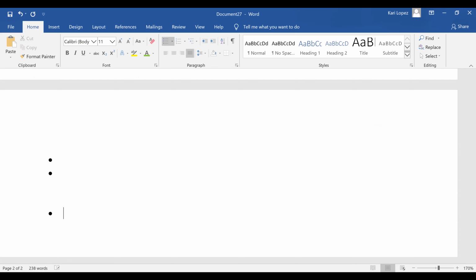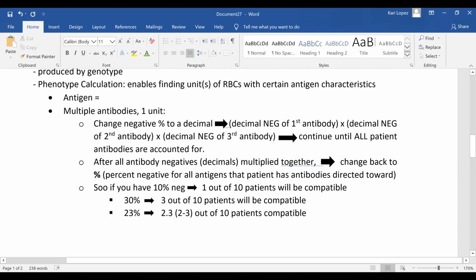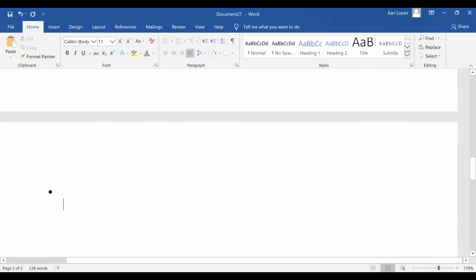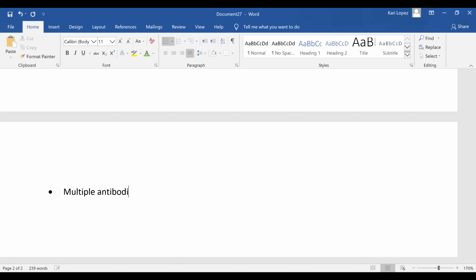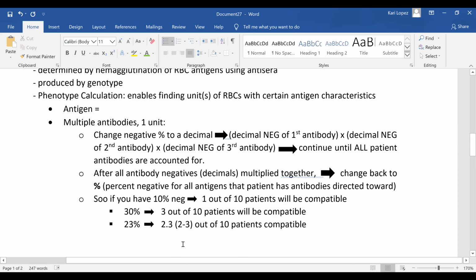That's why. So that one was in regards to multiple antibodies for 1 unit. So this is going to be multiple antibodies with multiple units. So the first step is going to be the same. You're going to get as far as you did on this one.